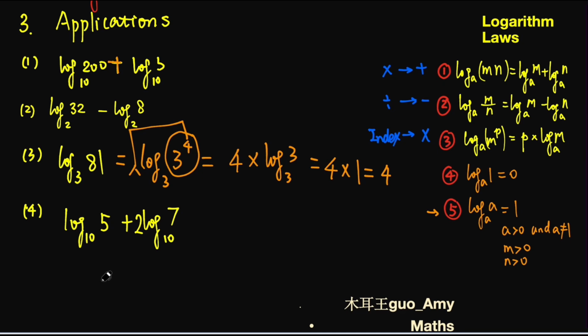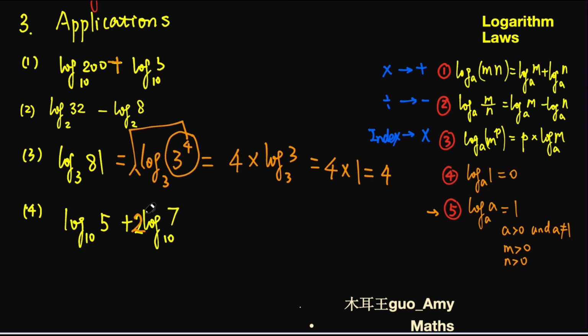For example 4, we have log 5 to base 10 plus 2 times log 7 to base 10. For this one, we can't combine them immediately by using the first law, because there is a coefficient before this log, so it means 2 times this logarithm.